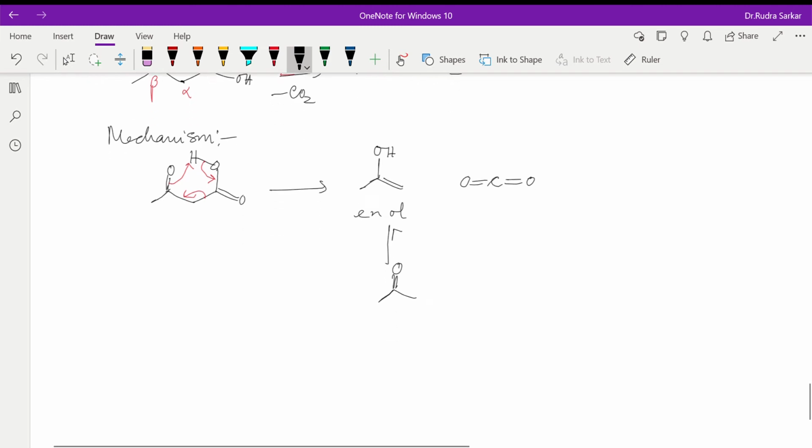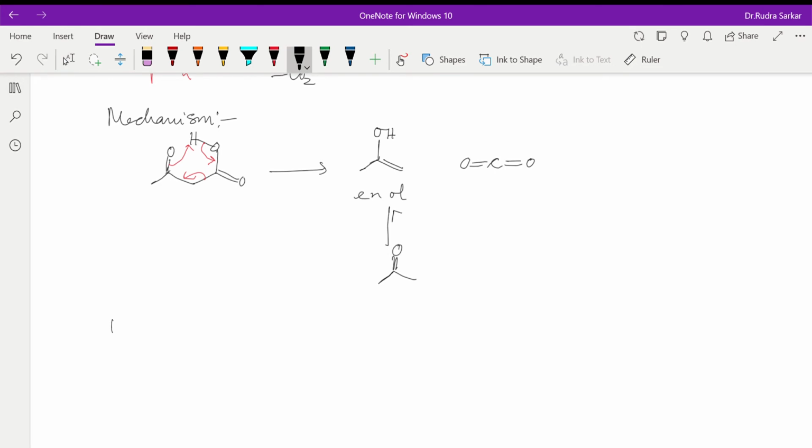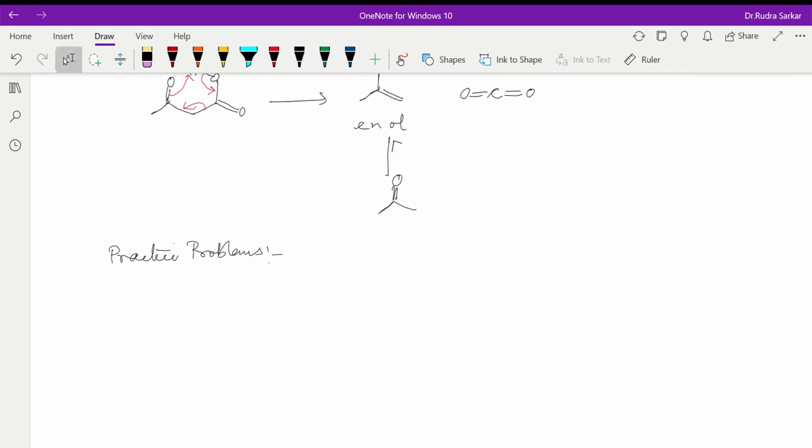Okay, let us do some practice problems. Now, if you follow what I am trying to say, what you do is you take out this particular unit of carbon dioxide.